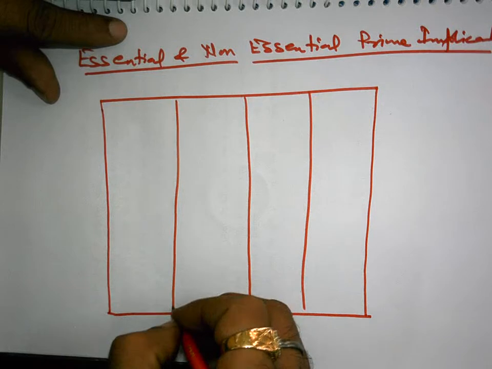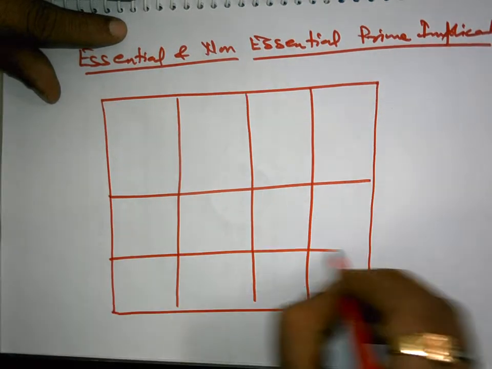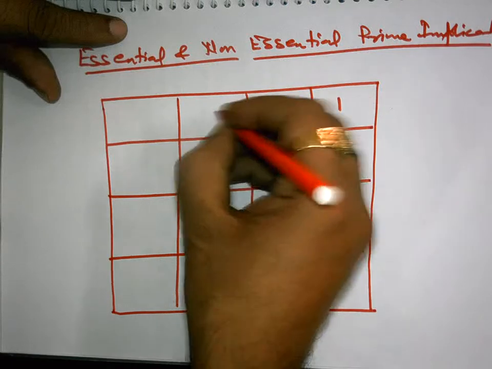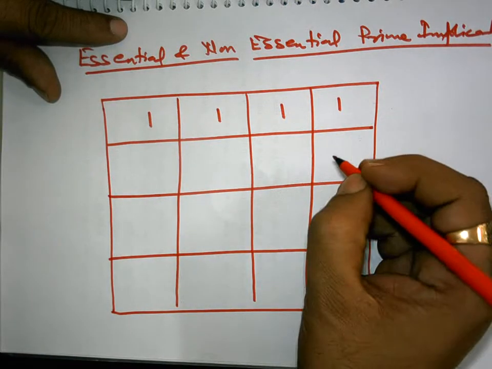I will simply show the squares just to save time. These cells only. Suppose ones are placed like this.